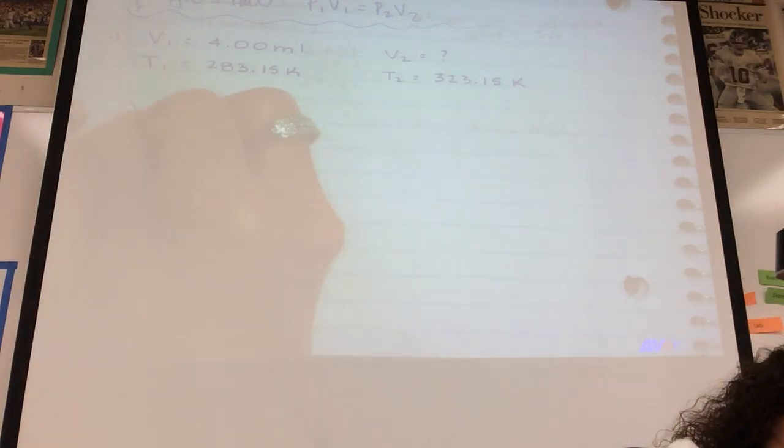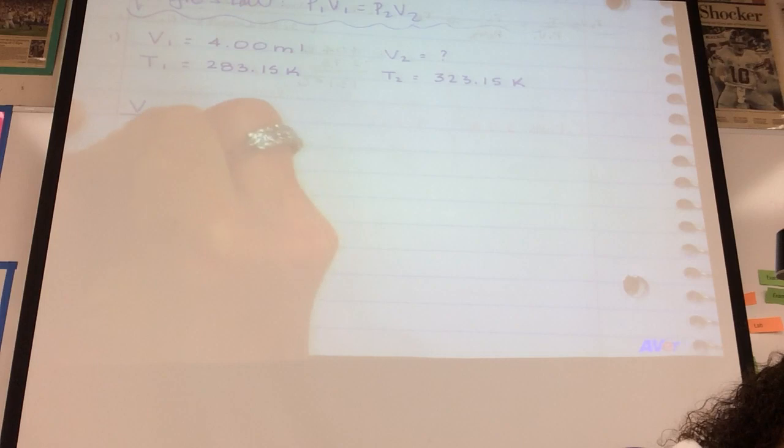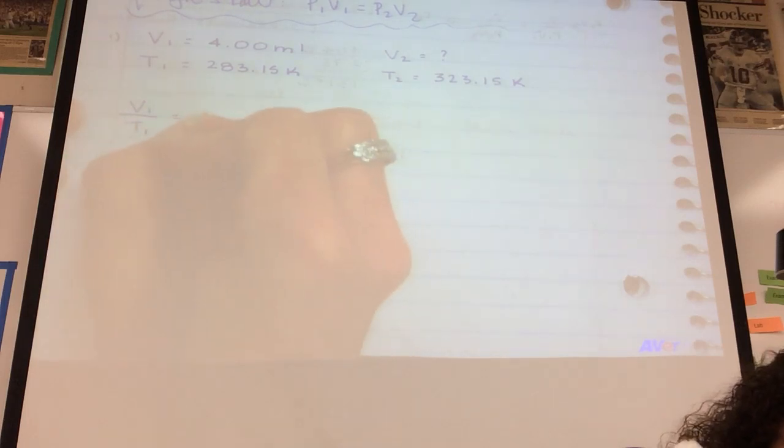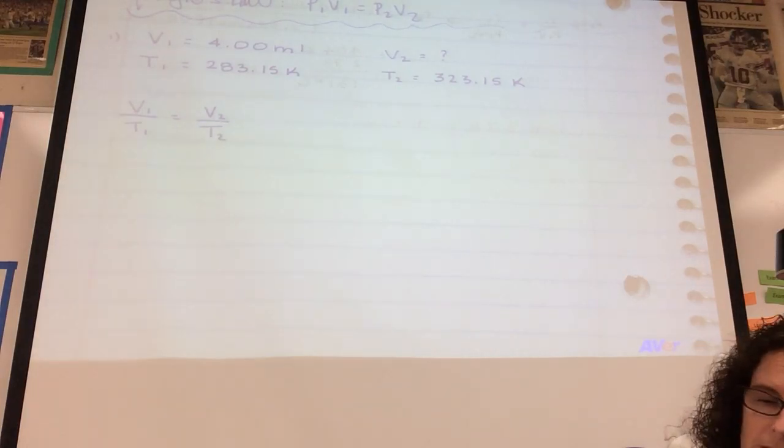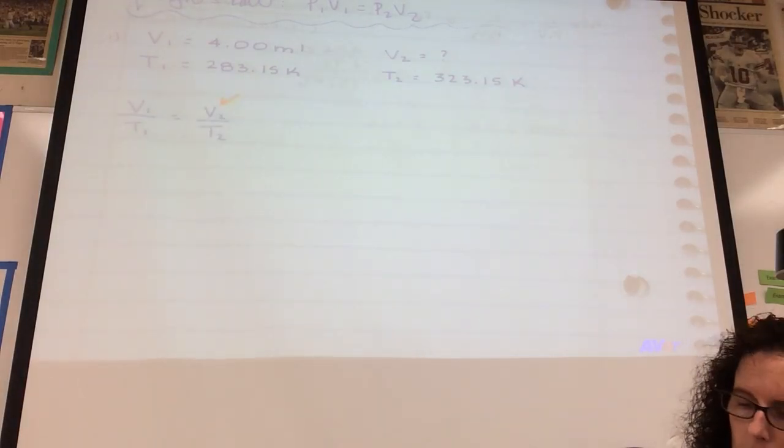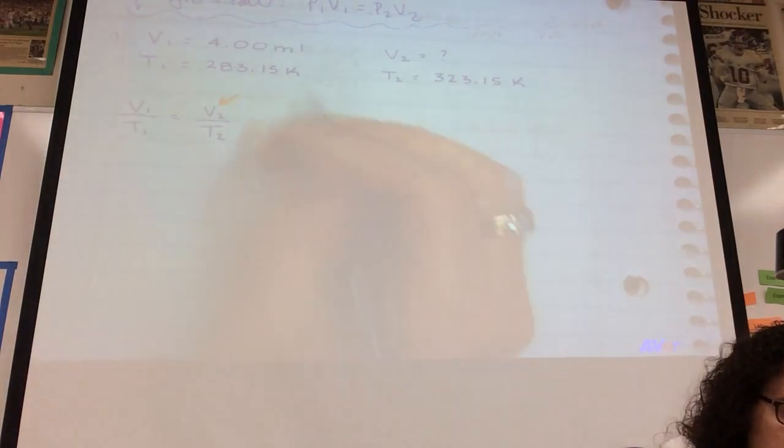My formula is V1 over T1 is equal to V2 over T2. I'm solving for V2, so I need to multiply both sides by what? T2?